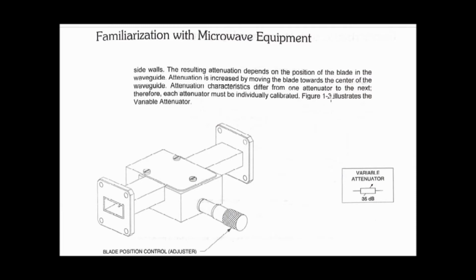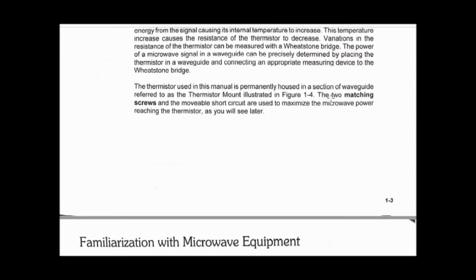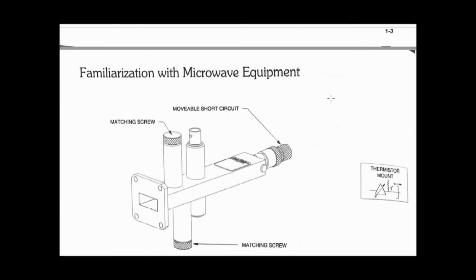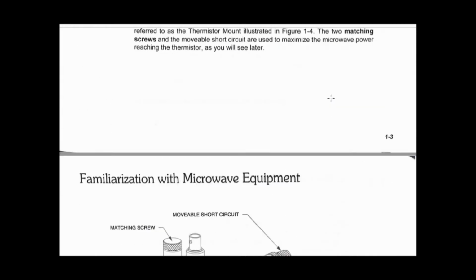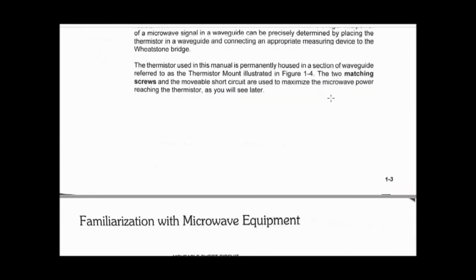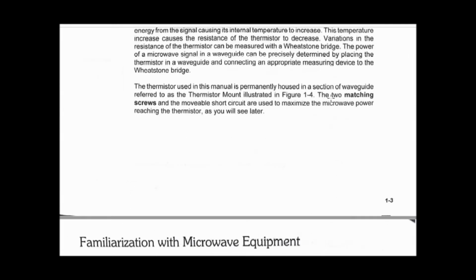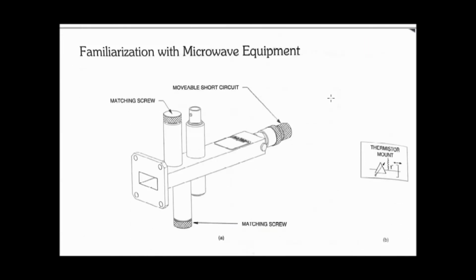If the blade position is variable, it is called a variable attenuator. The arm on the variable attenuator is used to change the blade location. This is how we can set our variable attenuator at any certain value of attenuation.